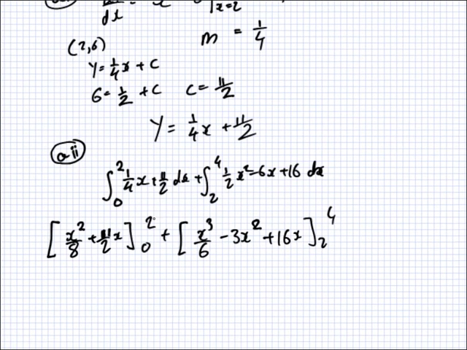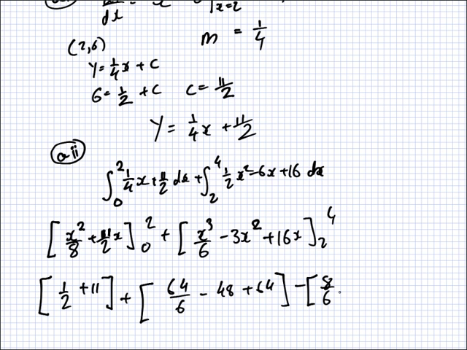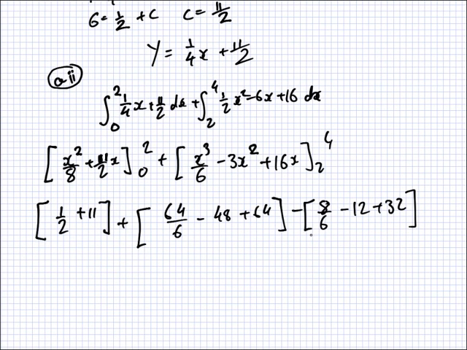Okay, so I just have to sub in 2, and that would be a half plus 11, and then I won't bother with the 0. Then I have to sub in 4, so 4 by 4 is 16, 64 over 6, minus 48 plus 64, and then I'll have to put in the 2, 8 over 6, minus 12 plus 32. Okay, let's see what we got here.